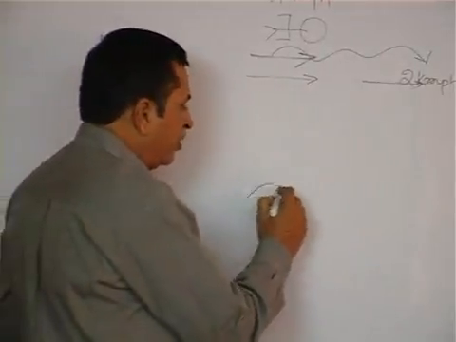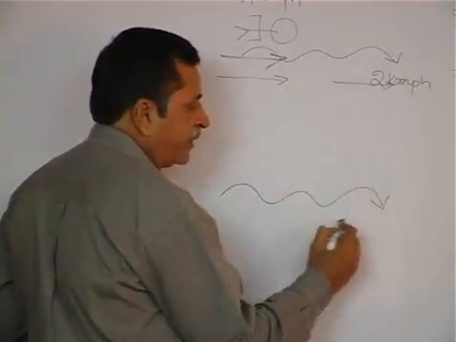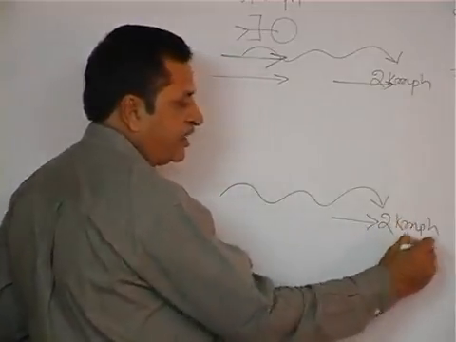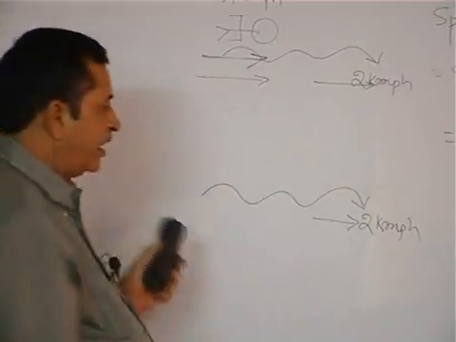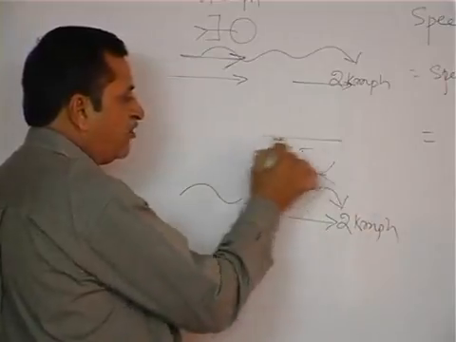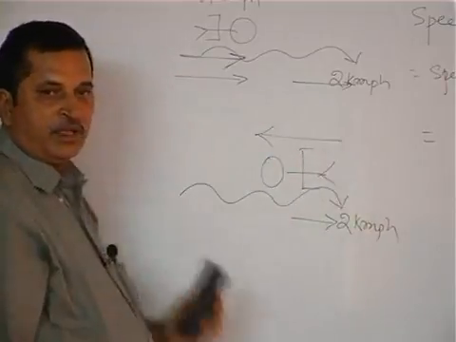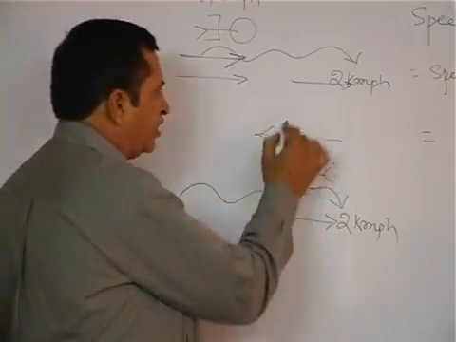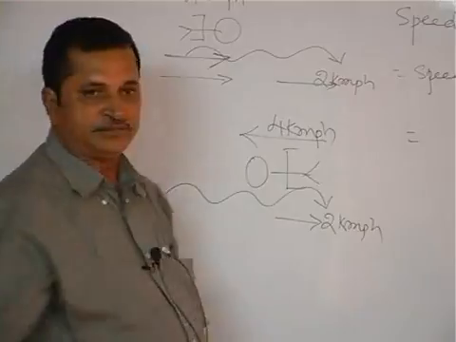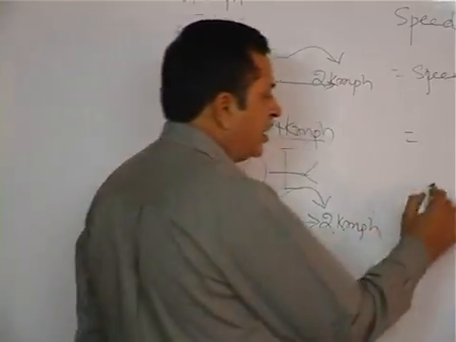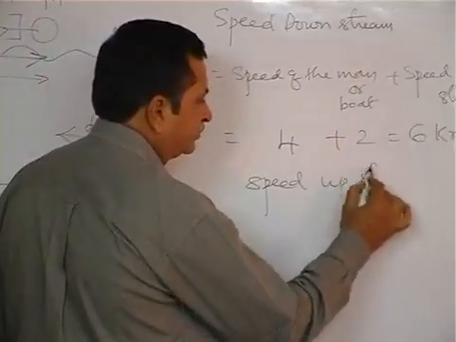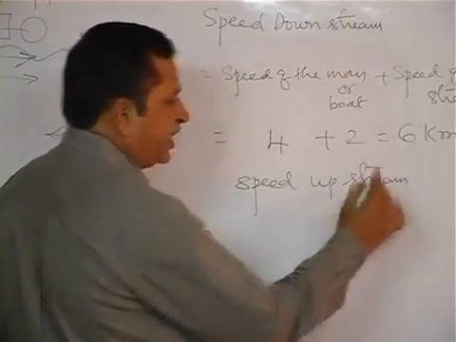Suppose water is flowing with a speed of 2 kilometers per hour and a man is swimming against the flow of water, against the flow of water with a speed of 4 kilometers per hour. This is called speed upstream.